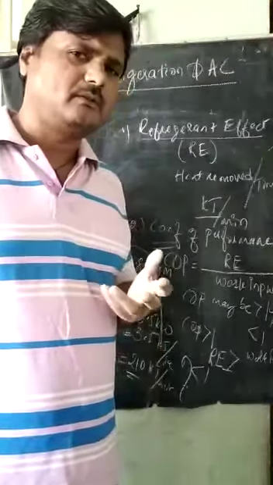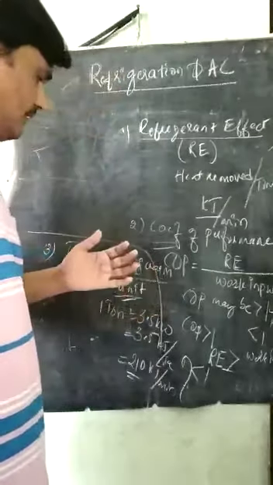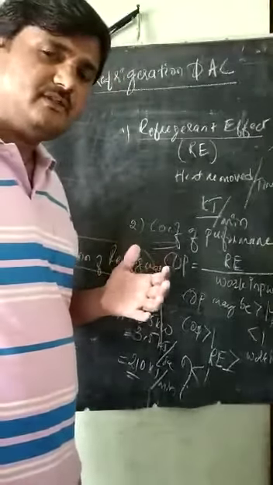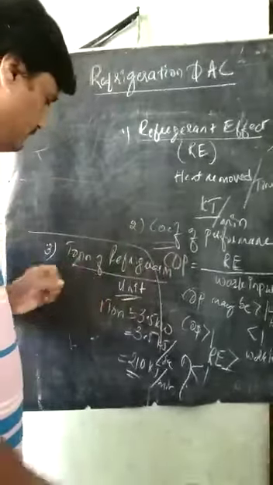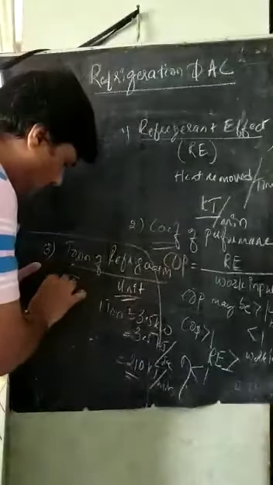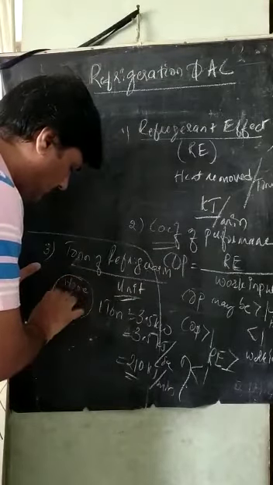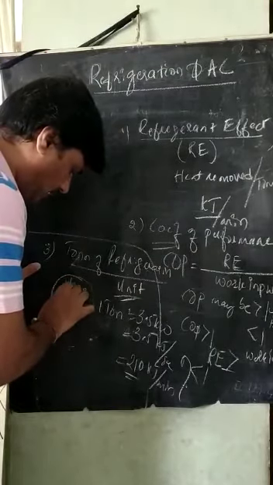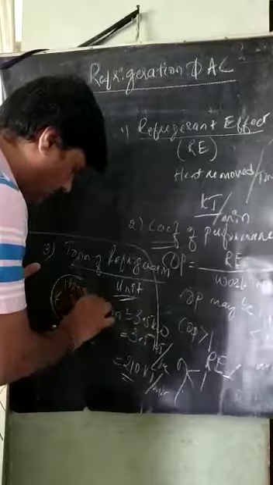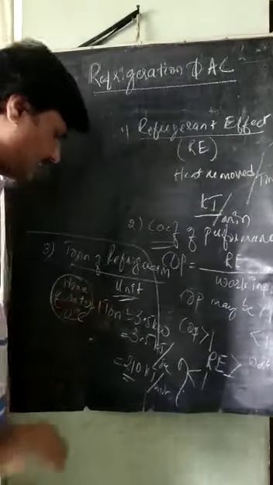What is the meaning, the definition of this 1 ton of refrigeration? Suppose 1 ton of liquid water at 0 degree centigrade is there.